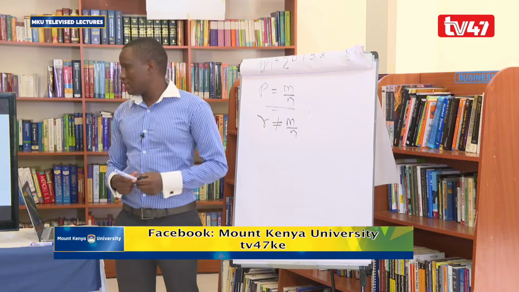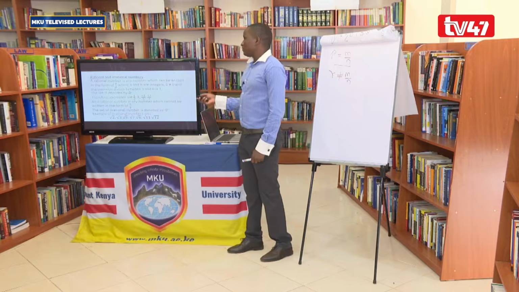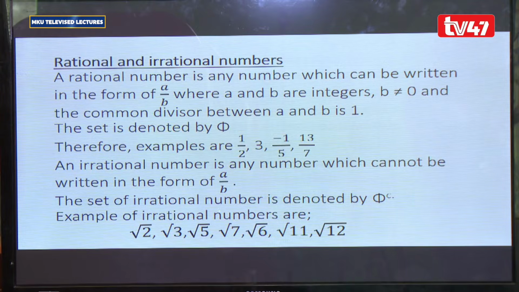Now, this form of representation of numbers works specifically if the value of b is not equal to 0, because if b is equal to 0, then the fraction is undefined, and therefore we restrict that b cannot be equal to 0.